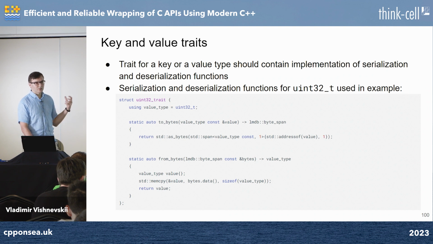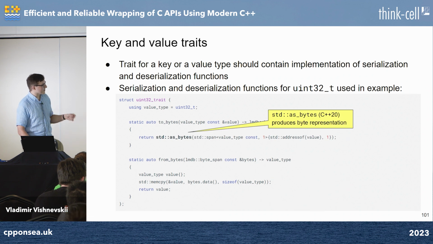The clients who would like to use this need to provide these facilities for the repo to know how to convert their types into bytes, basically, and the other way around. to_bytes returns the byte span in our case, and from_bytes returns the value type. Here, by the way, is another useful C++20 thing: as_bytes takes the span and converts it to a span of bytes.